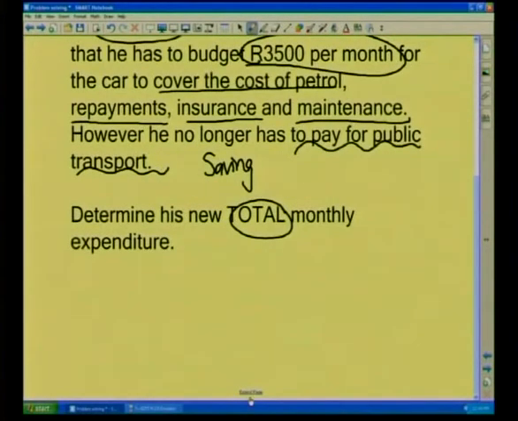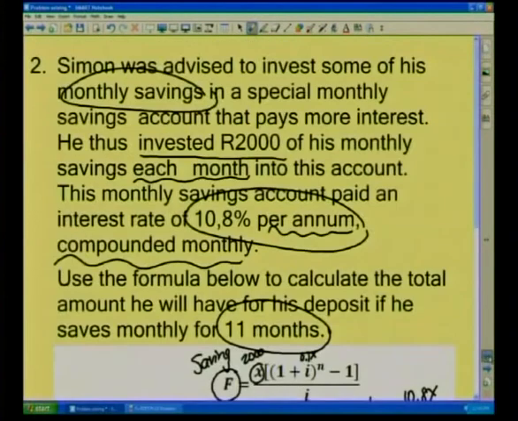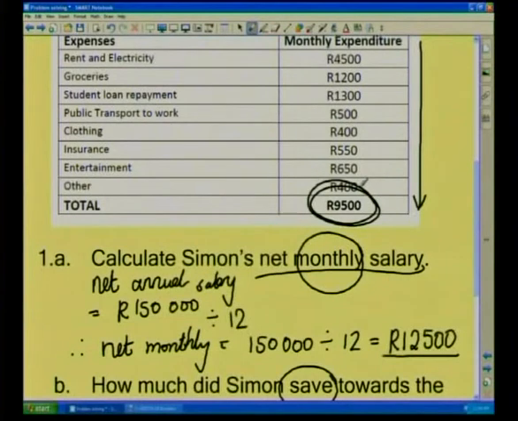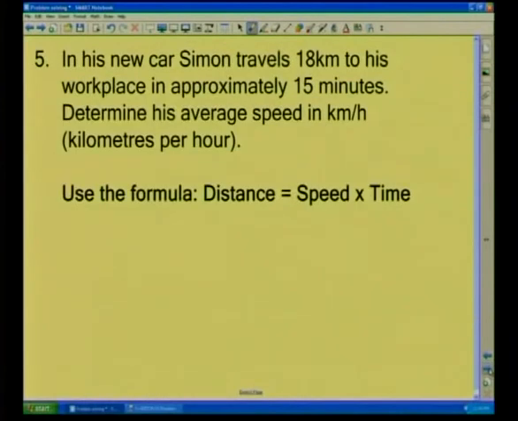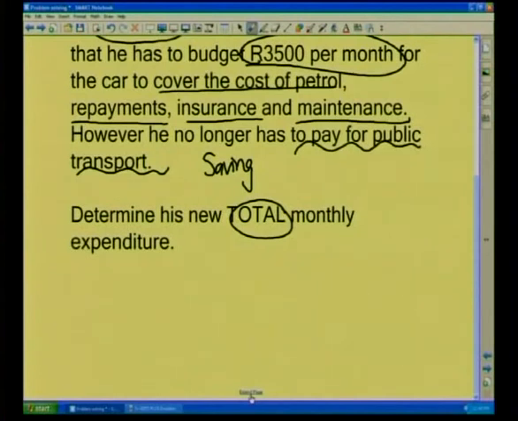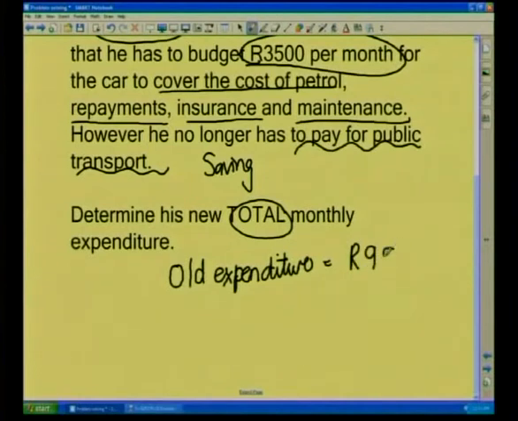Well, we need to go back to our original table. And you can see that his total monthly expenditure was 9,500 Rand. And his public transport, which we're now getting rid of, was 500 Rand. So I'm going to take out that 500 Rand. So our old expenditure is equal to 9,500 Rand.